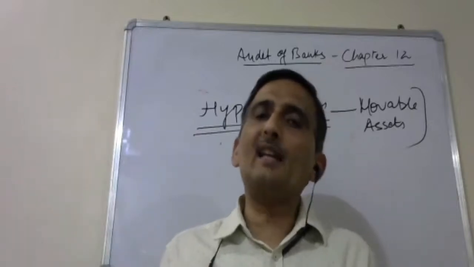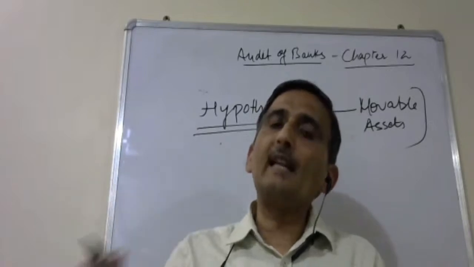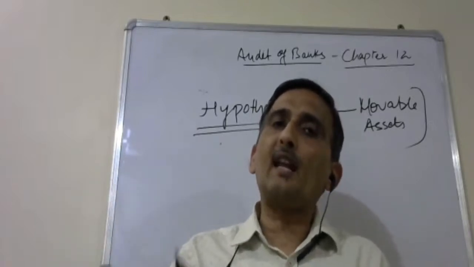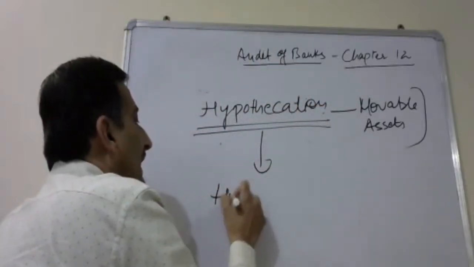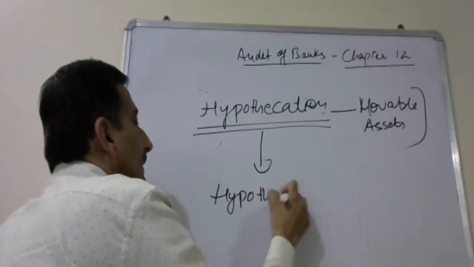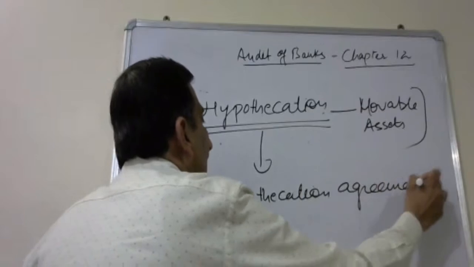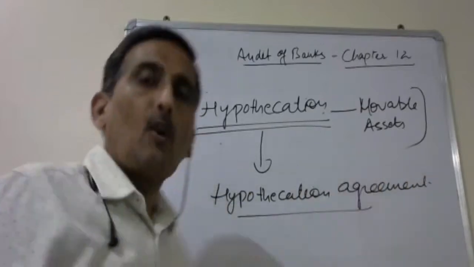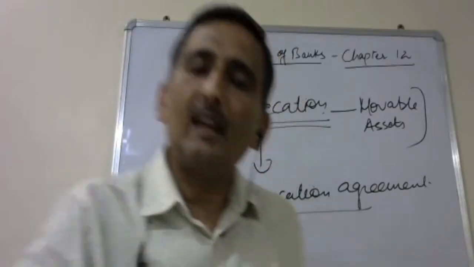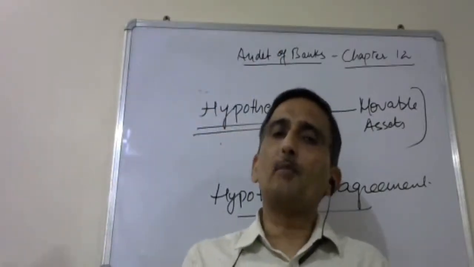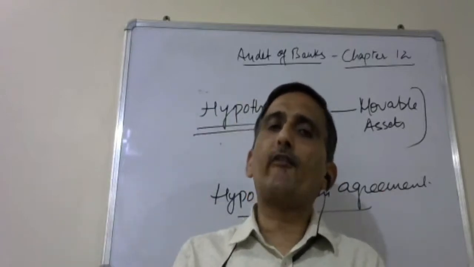The interest in those primary securities is created by way of a hypothecation agreement. It is an agreement on a proper stamp paper, in which again there is standard language stating that we have hypothecated stocks, and it is a standard legal format.